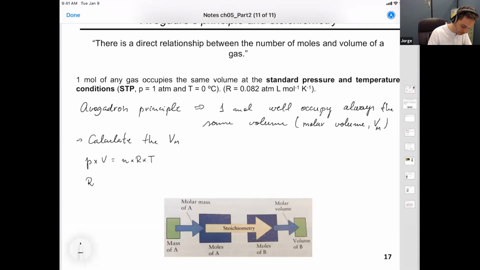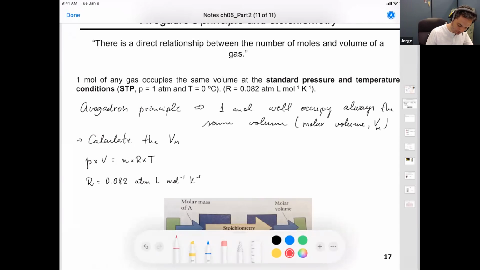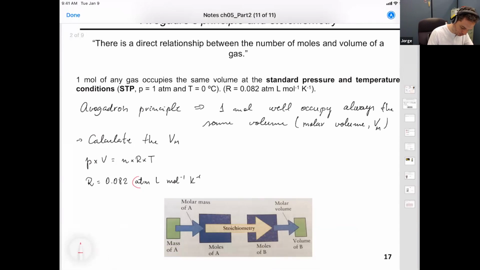Remember that the universal gas constant will determine all the other units, and in this case we have 0.082 atm liters per mole per Kelvin. That means the pressure has to be in atmospheres, the volume in liters, the number of moles in moles, and the temperature in Kelvin.